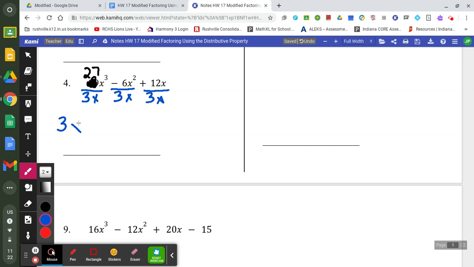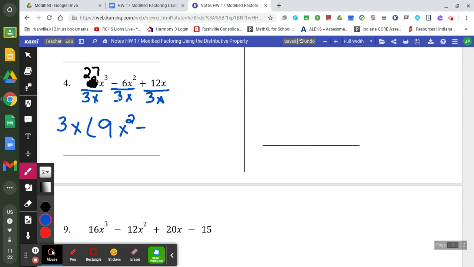So 3x. And then I'm going to go 27 divided by 3 gives me 9. And then x to the third divided by x to the first. I subtract those exponents. So 3 minus 1 gives me 2.